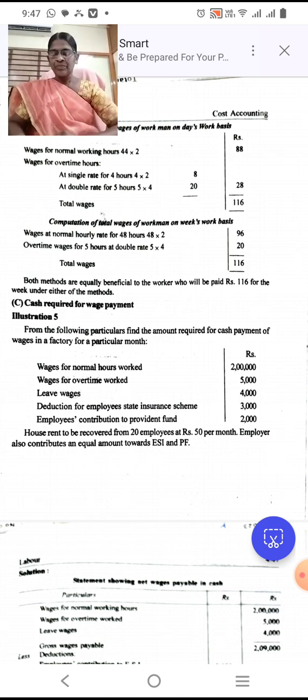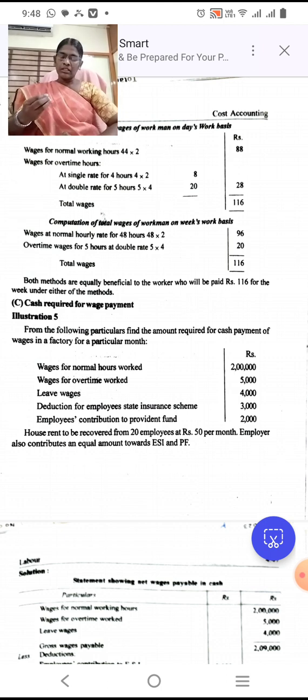The first one, wages for normal hours worked, rupees 2 lakh. This amount is to be given to the employees, so we include this amount of 2 lakh. Second, wages for overtime worked. This is also to be paid to the employees, so we need not only the 2 lakh for normal hours but also this 5,000 for overtime. Then leave wages.